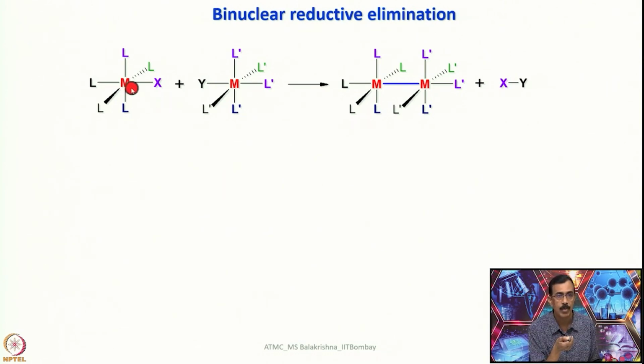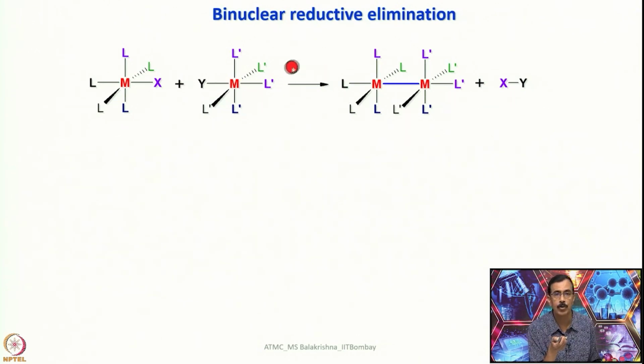How does that happen? For example, you take a molecule like this, where we have a substrate X, and another one where we have a substrate Y, and what we are doing is reductive elimination. In this process, through the establishment of a metal-metal bond, they will come close to each other and XY is eliminated.